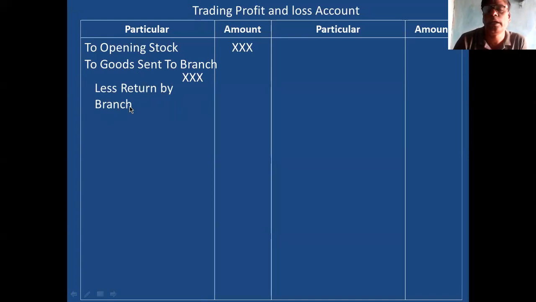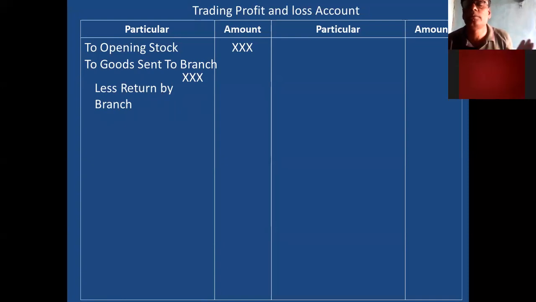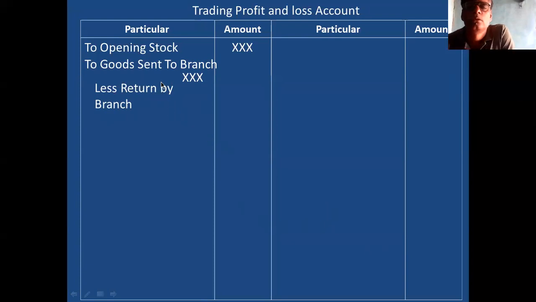Like purchase and purchase return, goods sent to branch is treated as purchase and goods returned by branch is treated as purchase return. Remember this. In place of purchase, you take goods sent to branch and less returned by branch.